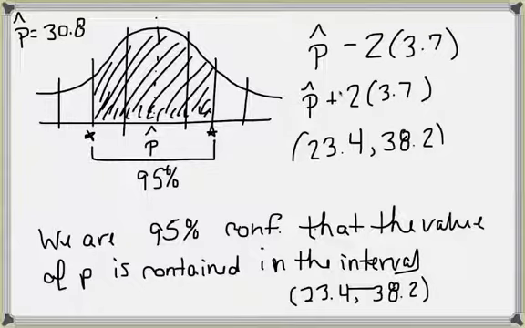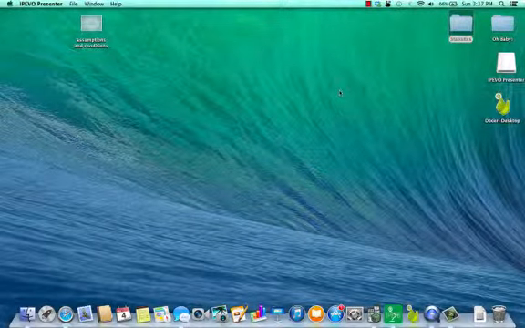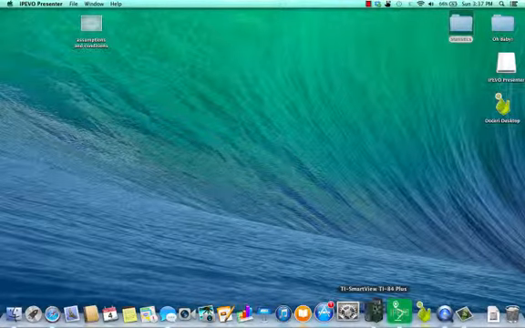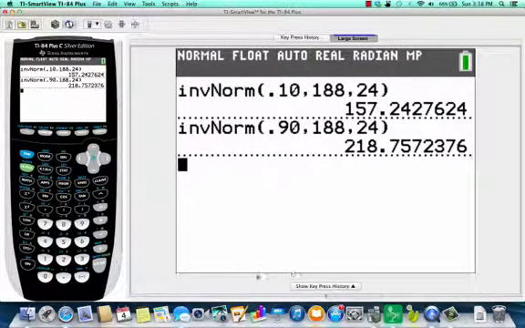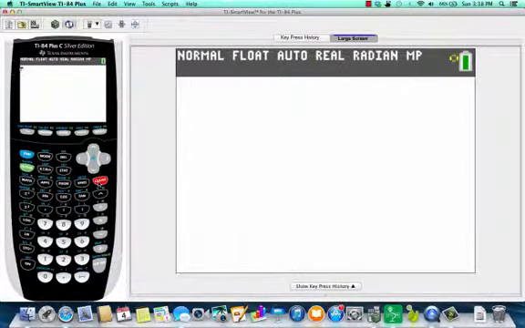Okay, so now we want to look at calculating a confidence interval on the calculator. So let me get my calculator up. Clear this out.